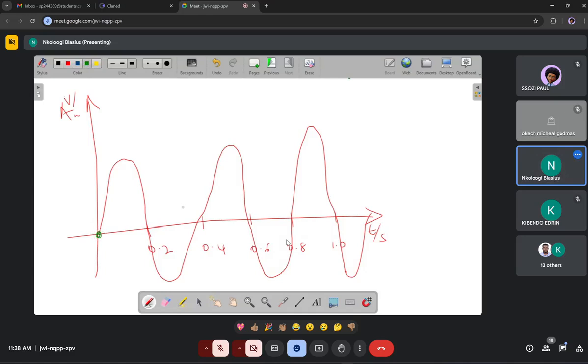From this point to this point is a whole cycle. From this point is a cycle, and again from this point to this point is another cycle. Again, from that point to this point is another cycle.